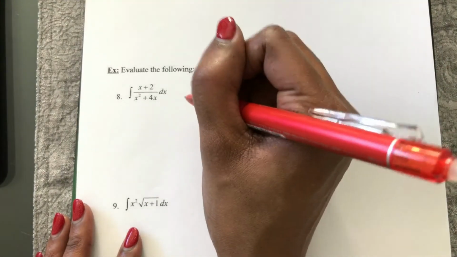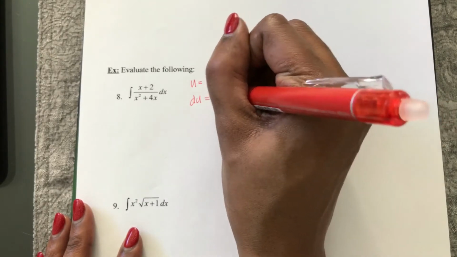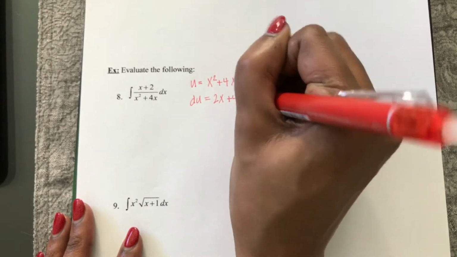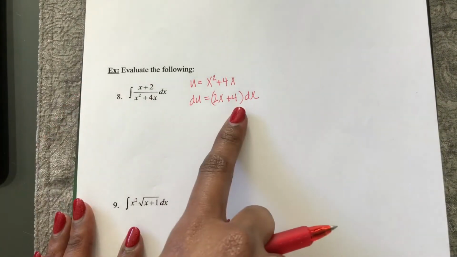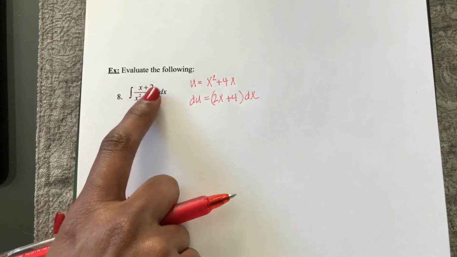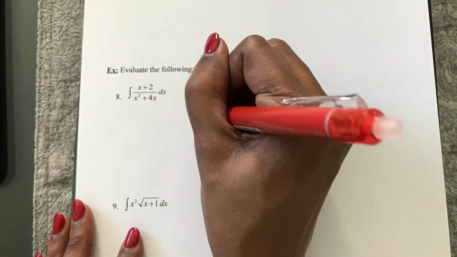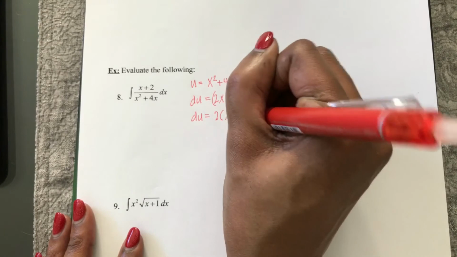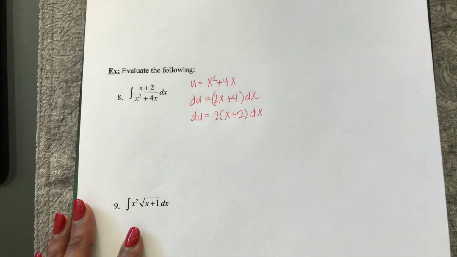And then if that's the case, du equals 2x plus 4 dx. But I don't have a 2x plus 4. I only have an x plus 2 dx. But I can notice that there is a factor of 2 that I can factor out.